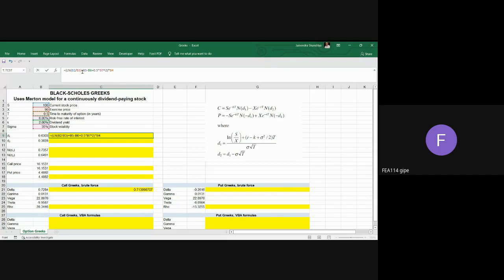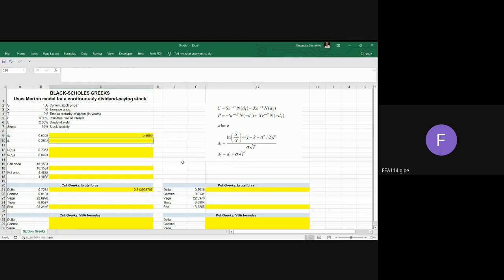I need to use a bracket here, because without this bracket it will not know. And divide the whole thing by sigma, which is the stock volatility, into square root of time 0.5, and double bracket, and I hit enter.